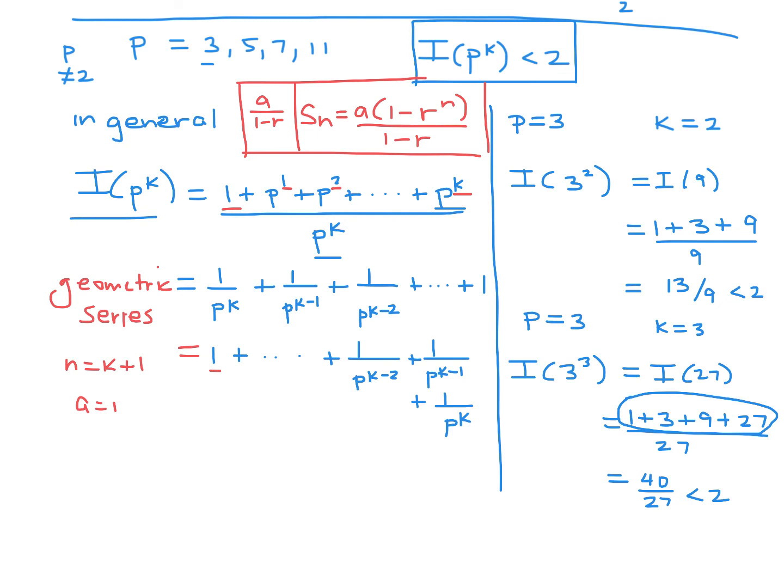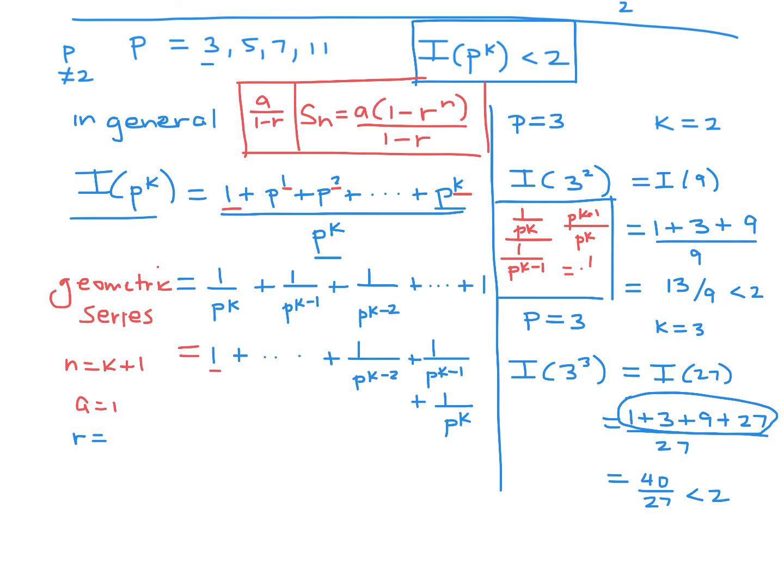And then what else do I need? Oh, I need r. Okay, so what's r? R is the common ratio, right? So in this case, the common ratio, usually it's just the last term divided by the first term. No, sorry. The last term divided by the second last term. So this is the common ratio, which is p to the k minus 1 over p to the k, which is 1 over p.